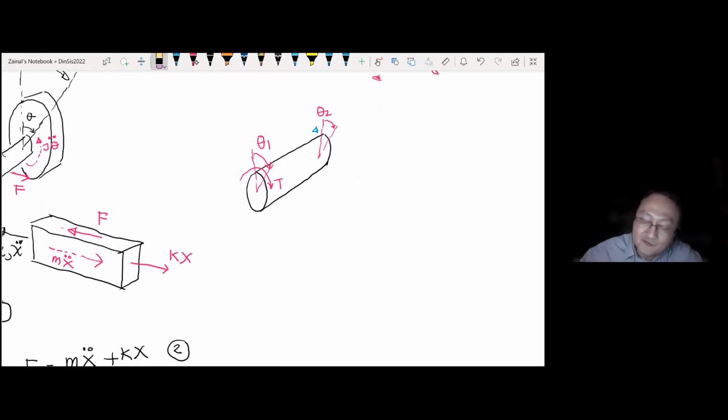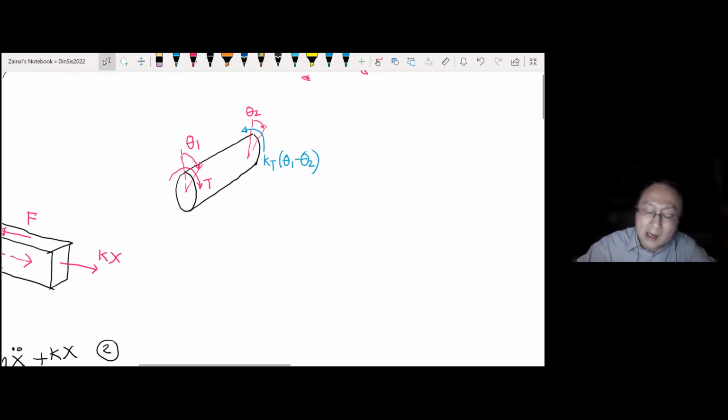The magnitude is kT multiplied by theta 1 minus theta 2. And due to this one, then look at the gear.